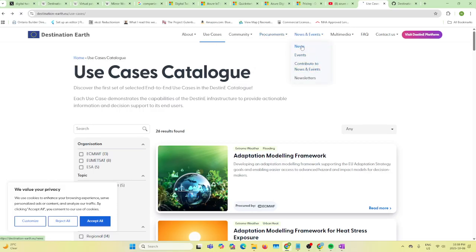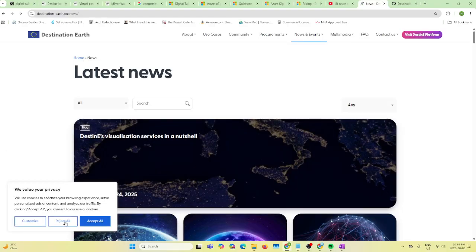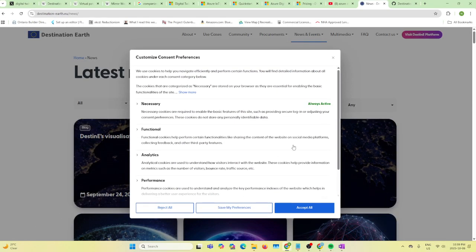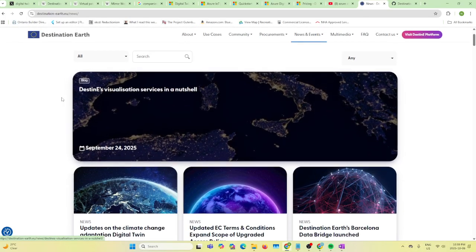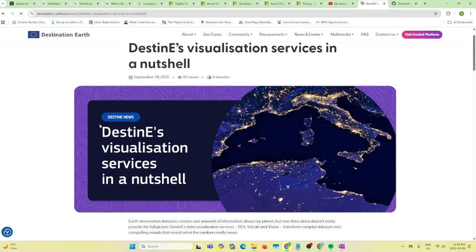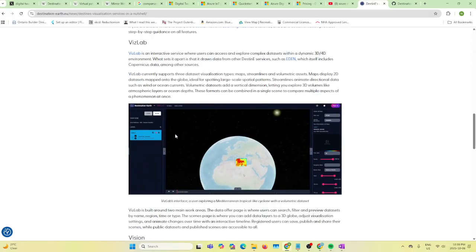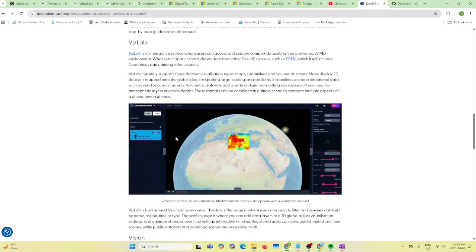Let's see. Any news? Any latest news? Always customize, only the necessary. Save the preference. Doing a visualization service in a nutshell. Okay, let's do a little sneak peek at the visualization. Okay, Destiny Earth.